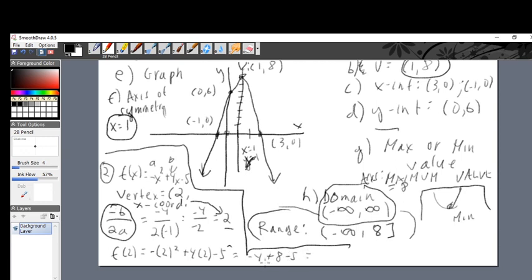Minus 4 and minus 5 is minus 9, and plus 8 is equal to negative 1. So the y coordinate of my vertex is minus 1. Here is the answer for the vertex. You need to remember this formula. It will get you the x coordinate, and once you have the x coordinate, you plug it into the original and you get the y. And you have everything you need. You have the vertex. Okay, we stop here.